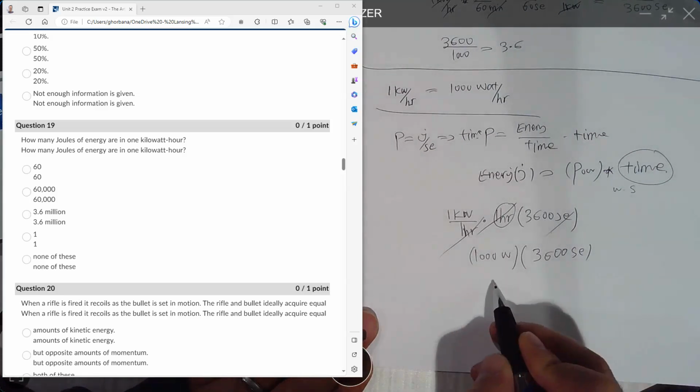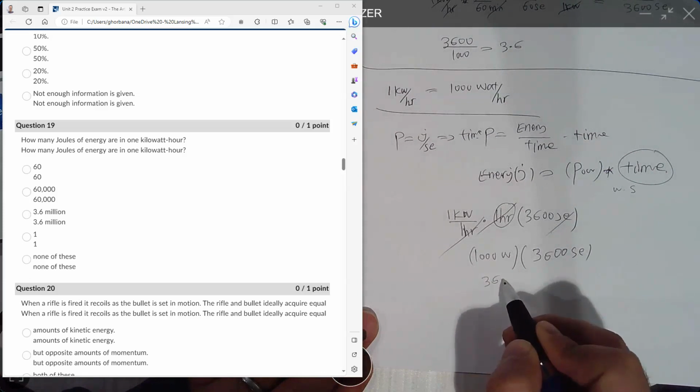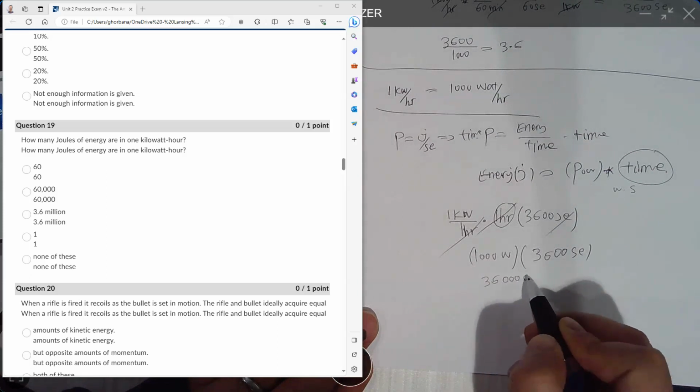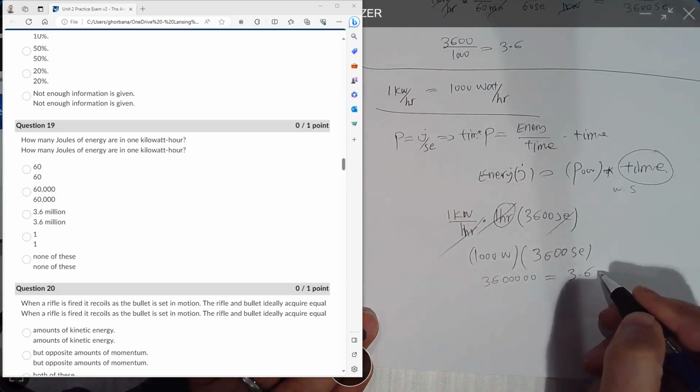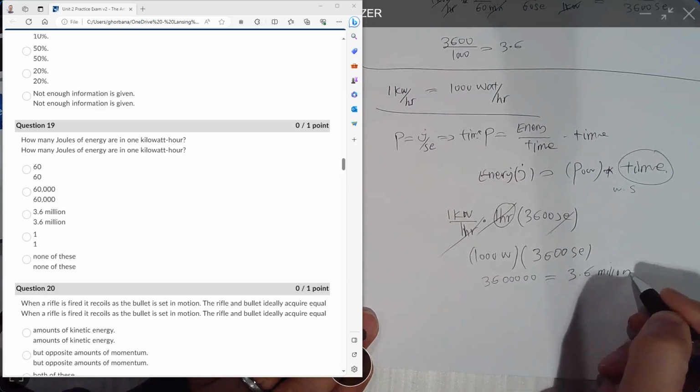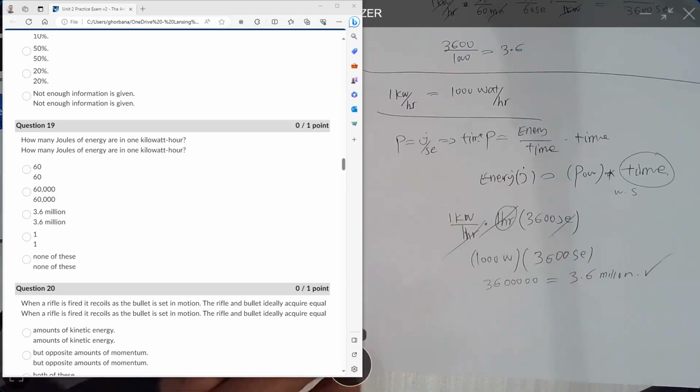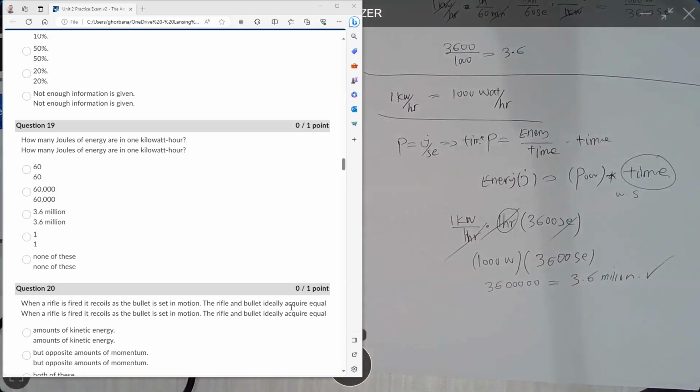When you multiply these two, it's going to be 3.6 million. The right answer will be C.